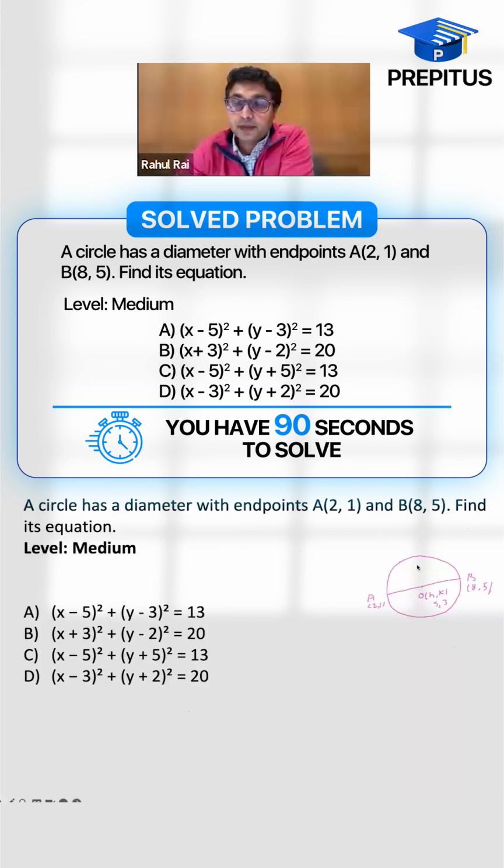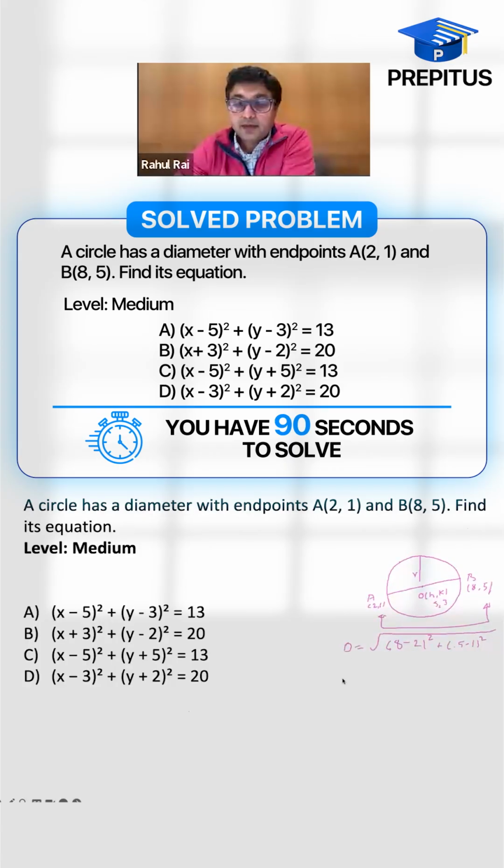Okay, that's one piece of information. The second piece of information we need is the radius. The radius is half of the diameter distance. So we can take the Euclidean distance formula and do something like this: 8 minus 2 squared plus 5 minus 1 squared, and take the square root of that, and that is going to be the diameter.